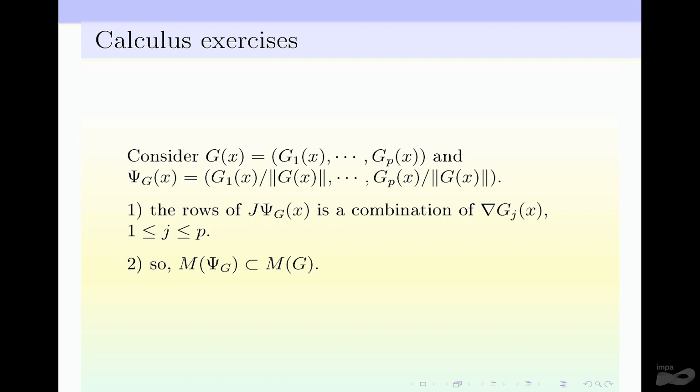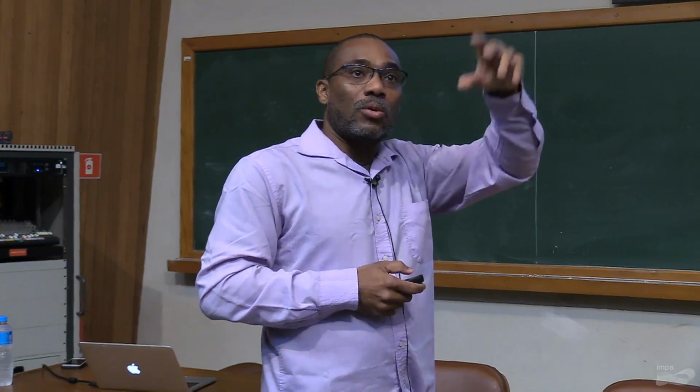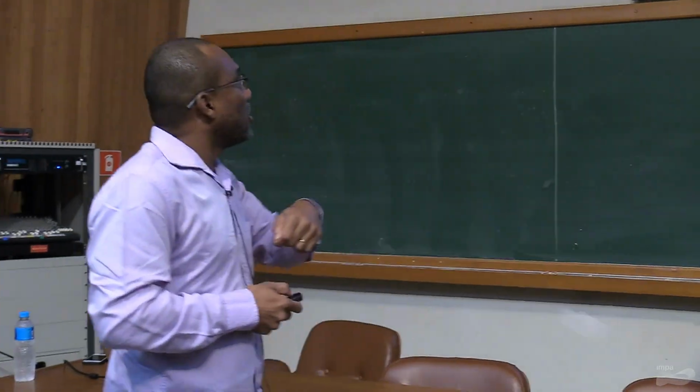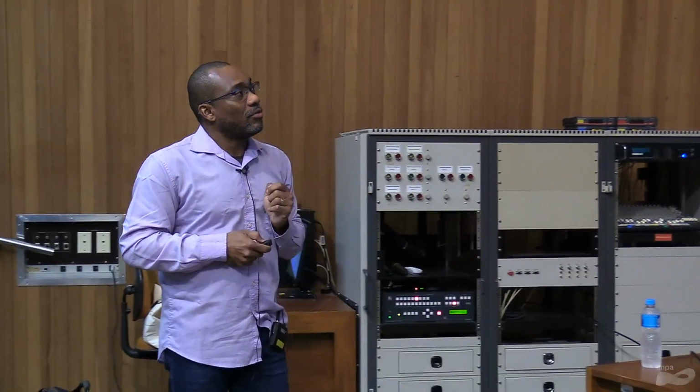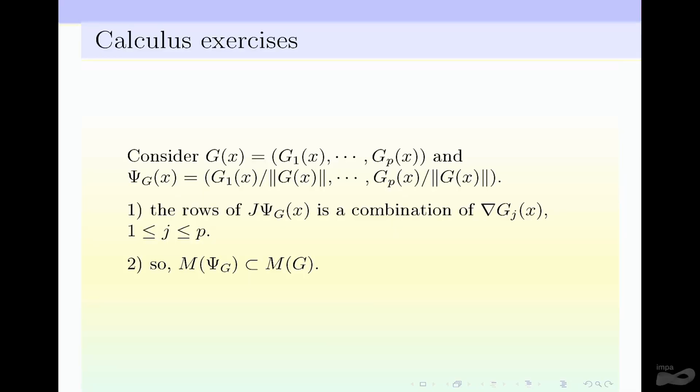This is an easy exercise. So the Milnor set of the Milnor projection, on the open ball when you remove the zero locus, is included in the Milnor set of your previous map G. It comes in the package; you don't need to do anything.